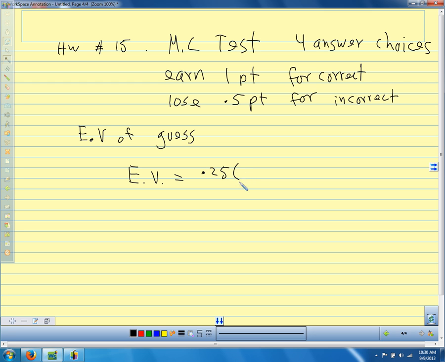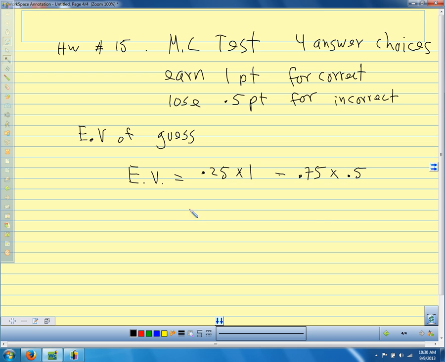Times the value plus the expected value of our loss. Now we're losing, so what do we do with that expected value? We subtract, minus. What's the probability of guessing incorrectly? 0.75. We have 3 chances out of 4 of guessing incorrectly. 3/4 is 0.75 times 0.5.